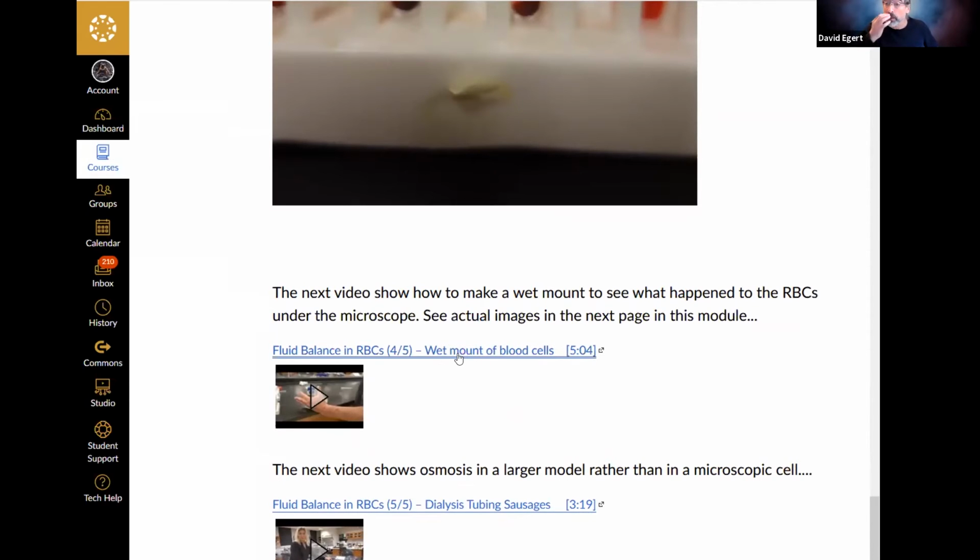It's a skill. Normally you'd actually get it in person, but it's worth at least seeing, if you haven't seen it, how to make a wet mount and seal the edges so the stuff doesn't evaporate. Because if you just put a cover slip on top of your slide, stuff evaporates pretty quick and changes what it looks like.